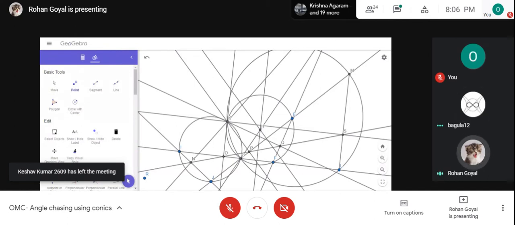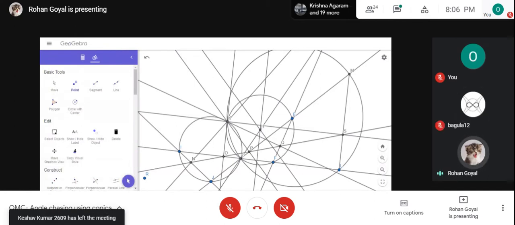Okay. Well, next we have another 20-25 minutes, so we'll try to look at some more interesting stuff. First thing you must now know is that if you have the tangents as before, if you have a quadrilateral with an inscribed parabola, then the focus is the Miquel point.